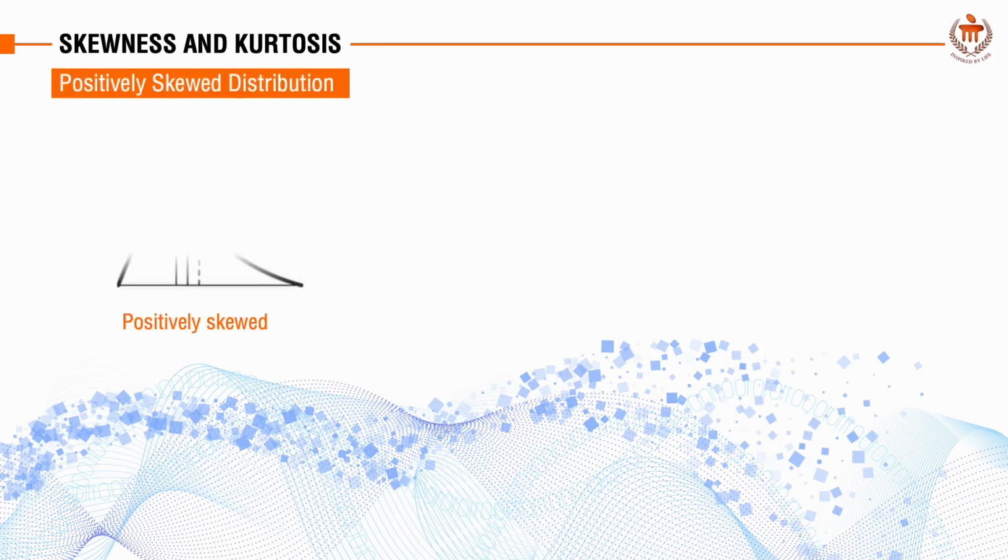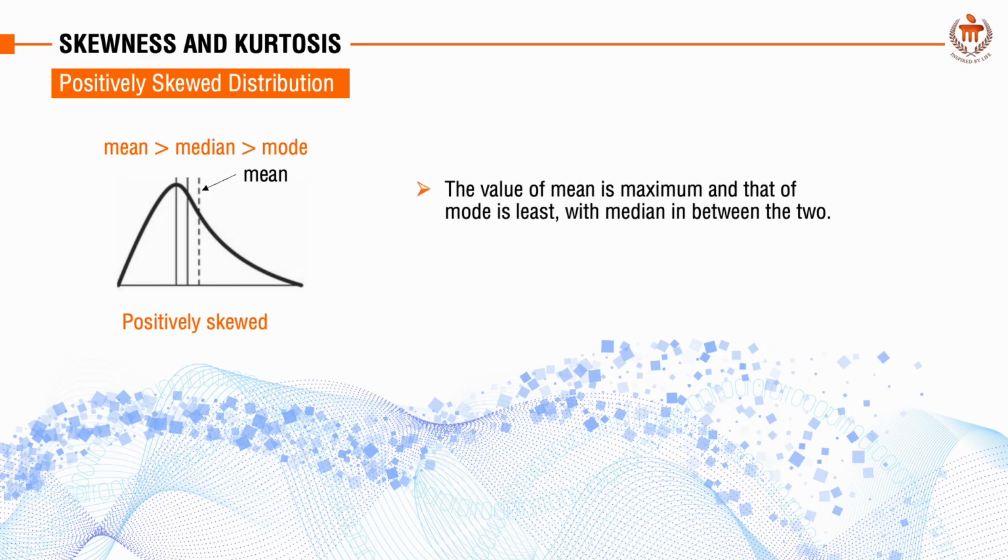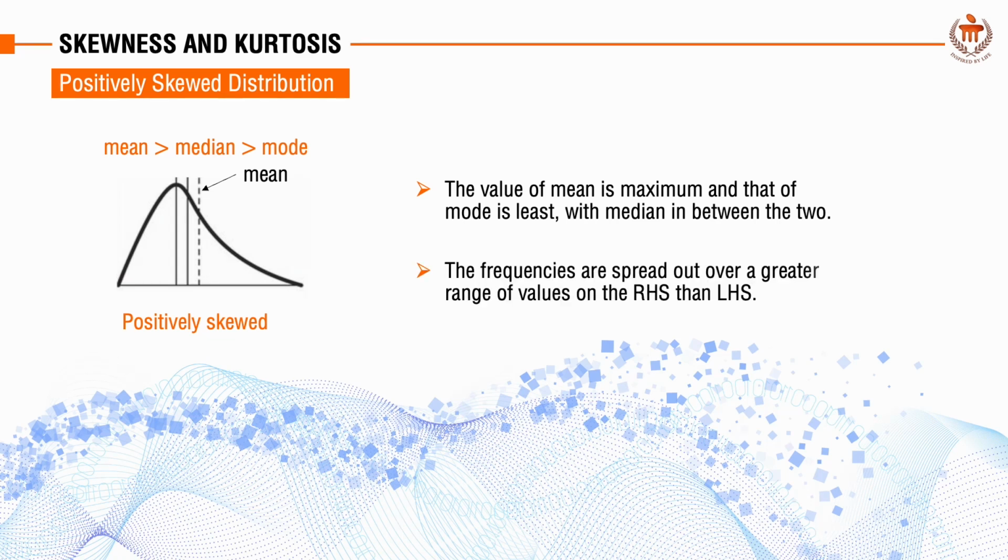In a positively skewed distribution, the value of the mean is maximum and the mode is minimum, while the median lies between the mean and mode, where the frequencies are spread out over a greater range of values on the right hand side than the left hand side. That's why it's called positively skewed.